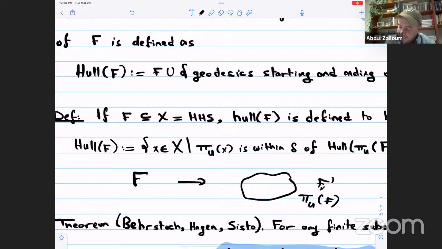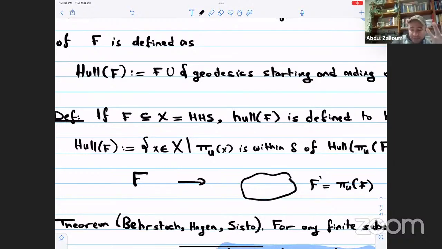So F prime is a subset, the projection of F in the hyperbolic space. That's a set in a hyperbolic space. You can take its convex hull, so you add geodesics here. This new set now is the hull of F prime.